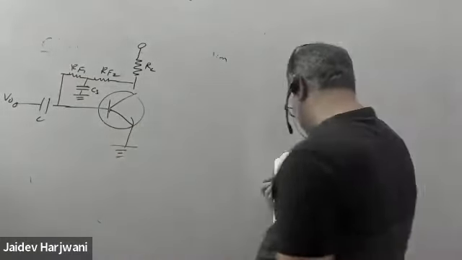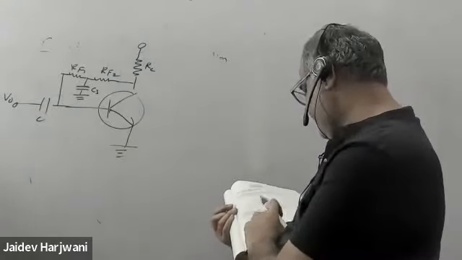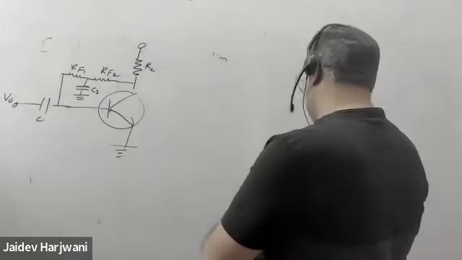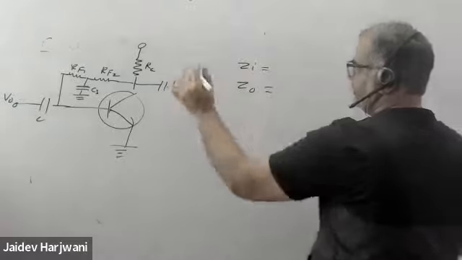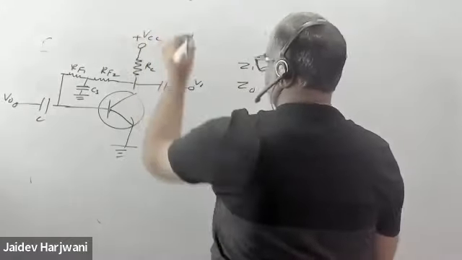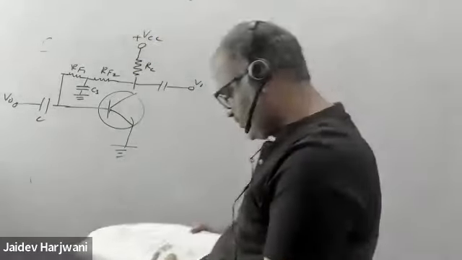Okay, so in this particular case, I'm not asking you to solve, you just tell me if I'm taking V0 here, what is the Z input and Z output in this particular circuit. Okay, just tell me the values.